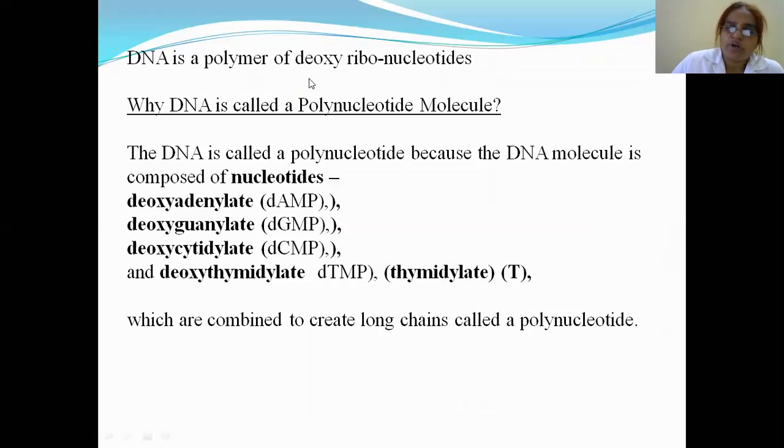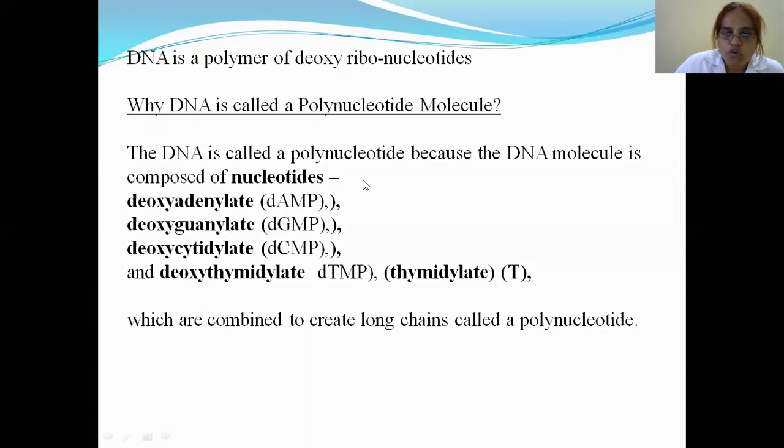DNA is a polymer of deoxyribonucleotides. Why is DNA called a polynucleotide molecule? Because it is composed of deoxyadenylate, deoxyguanylate, deoxycytidylate and deoxythymidylate. D stands for deoxy, so dAMP, dGMP, dCMP, dTMP.